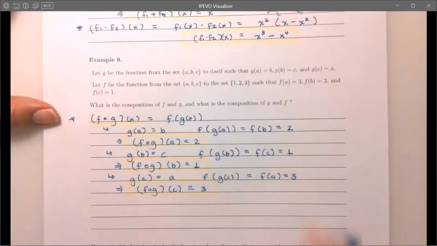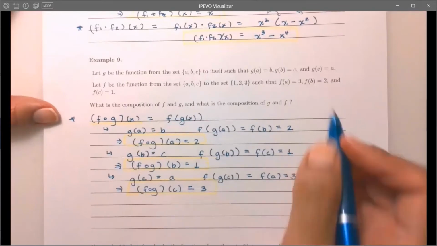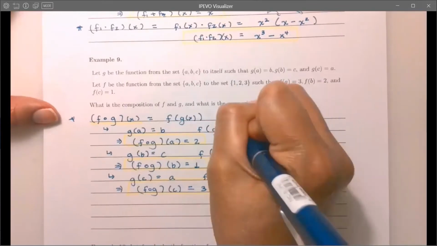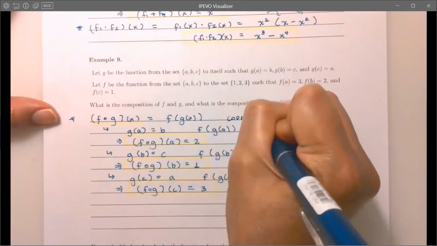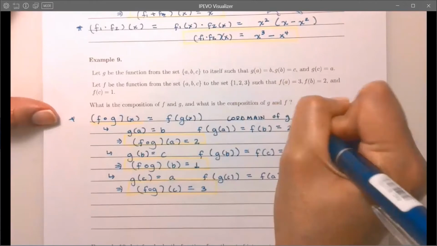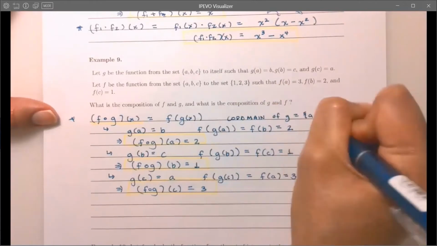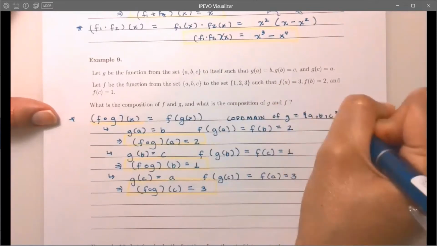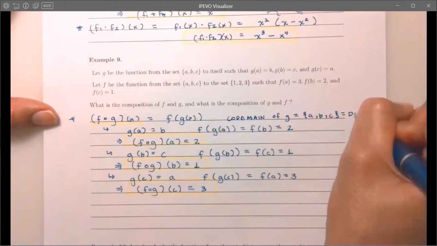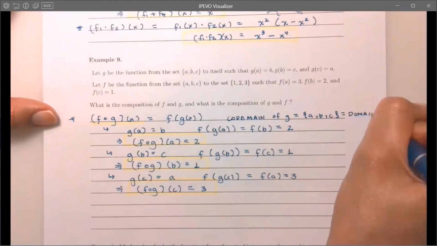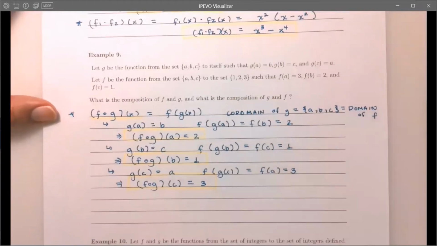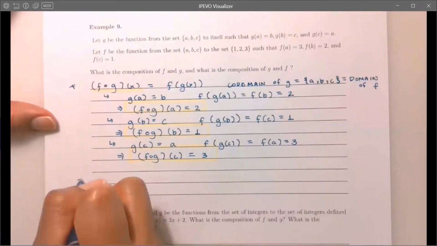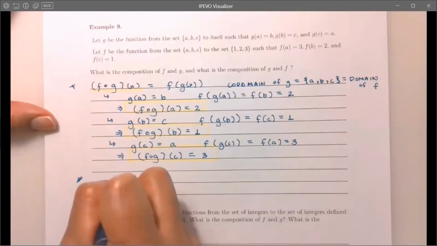Okay, so I'll write it down here. The codomain of g is equal to ABC, which is the same as the domain for f. That's why that worked.